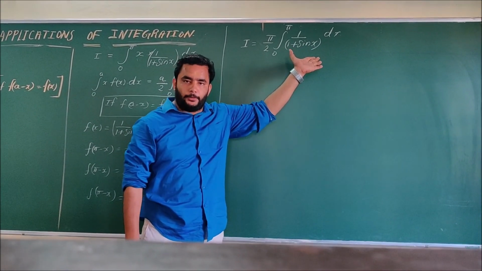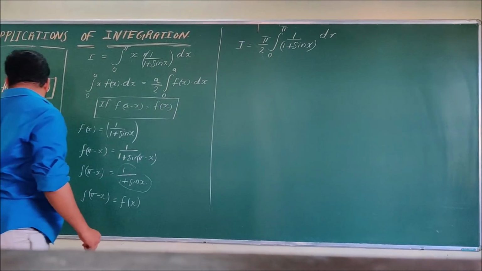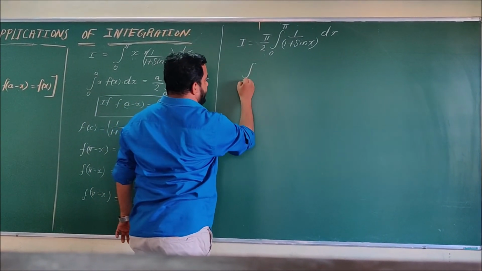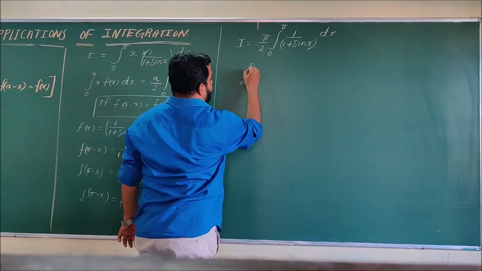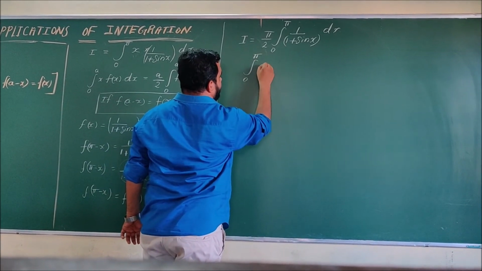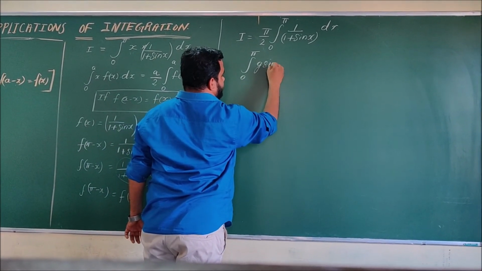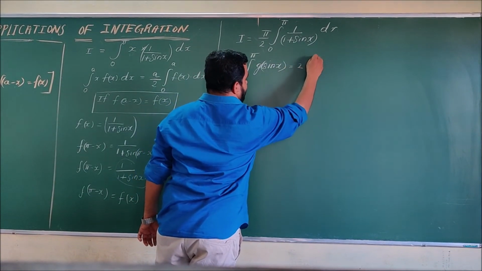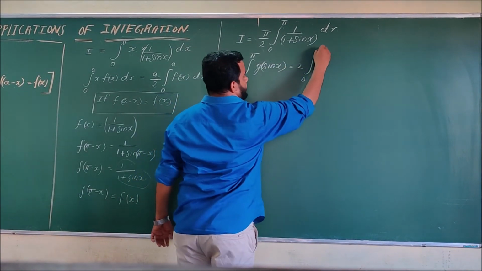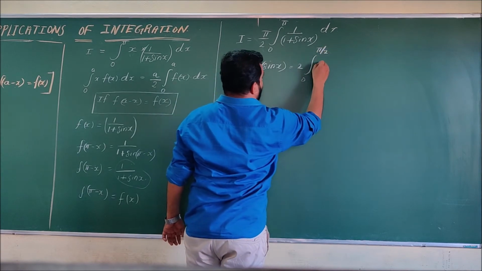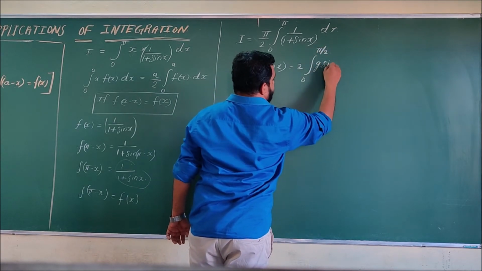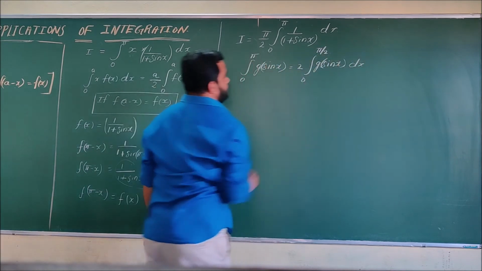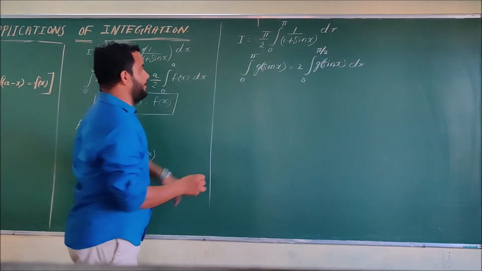So we use another property, that is the second property: the integral of 0 to pi, g of sin x, is equal to 2 into the integral of 0 to pi by 2, g of sin x into dx. Now we are using this property.